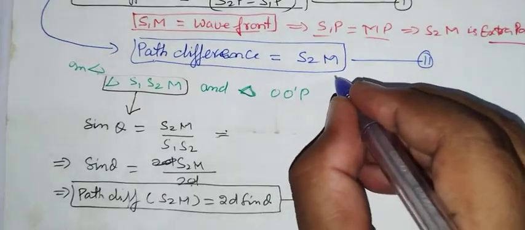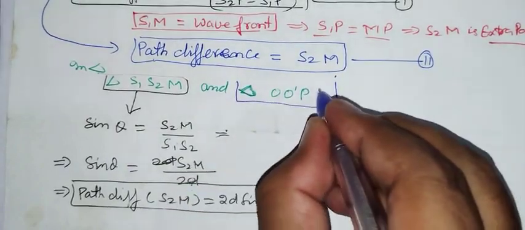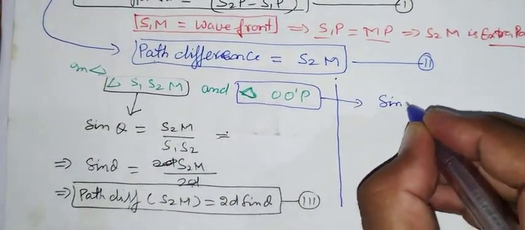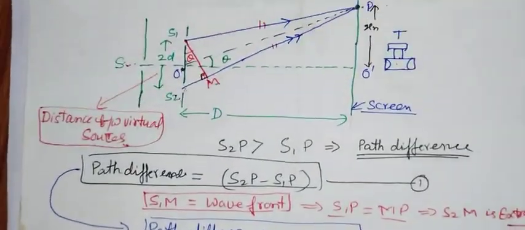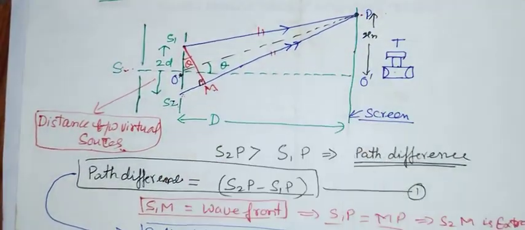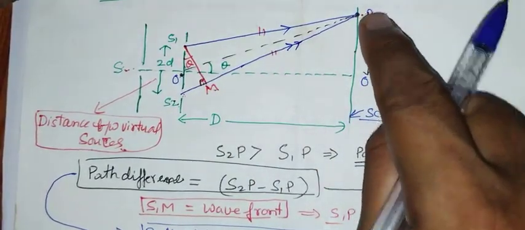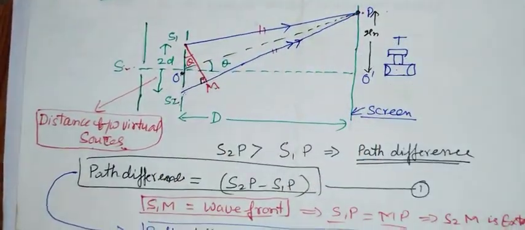Now we are going to do one more thing here. If we take this triangle, again we are going to obtain the value of sin theta. Now see in this triangle O dash P, sin theta is equal to perpendicular PO dash by hypotenuse OP.